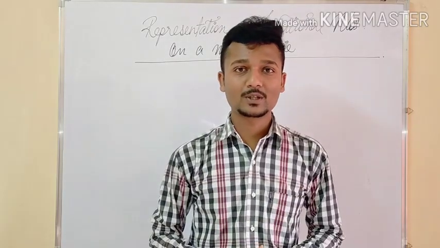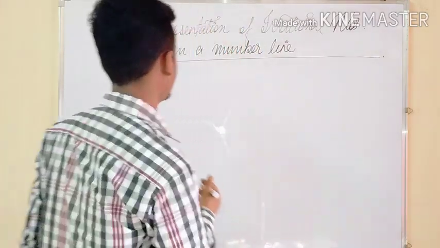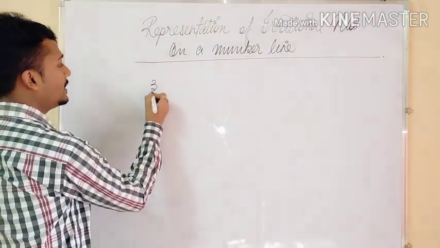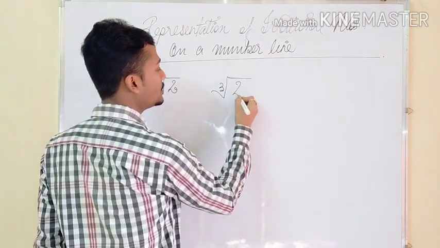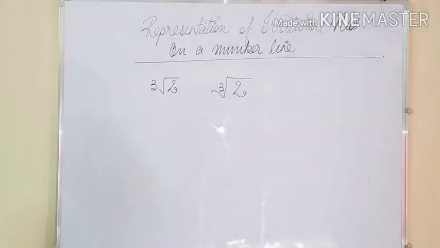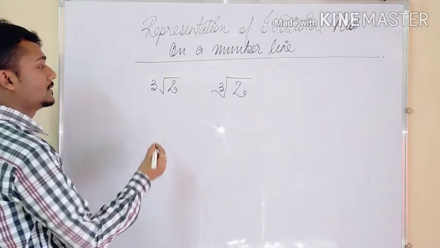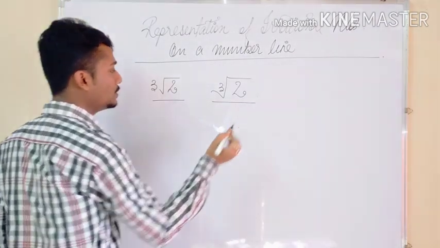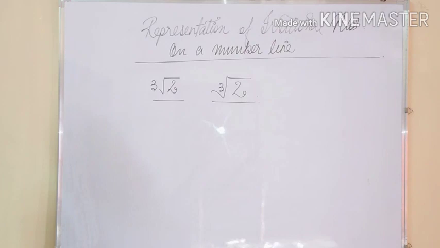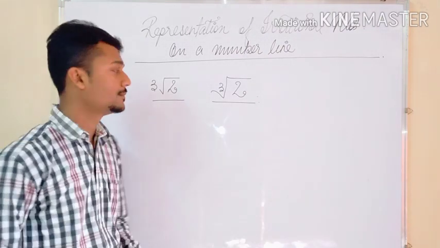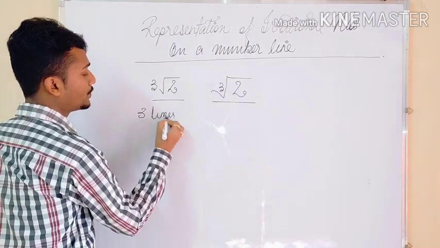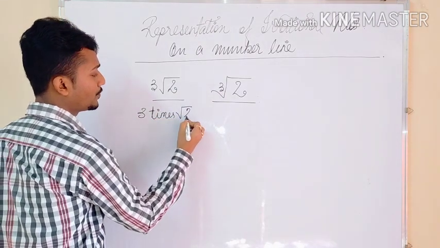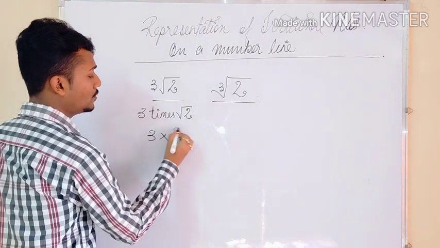Before going to the next question, let us see one more thing. 3 root 2 and cube root 2. Is there any difference between these two numbers? Both look the same, but they are not the same. 3 root 2 means 3 times root 2, that means 3 into root 2.